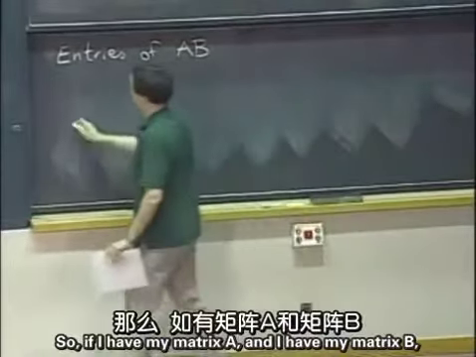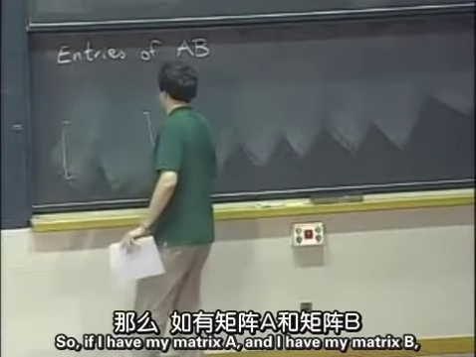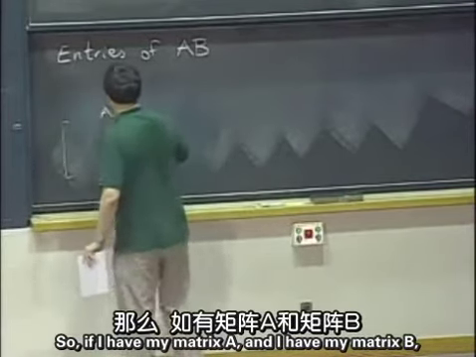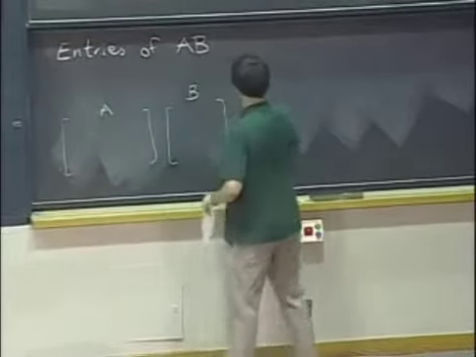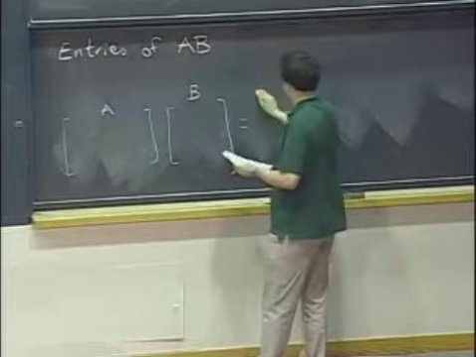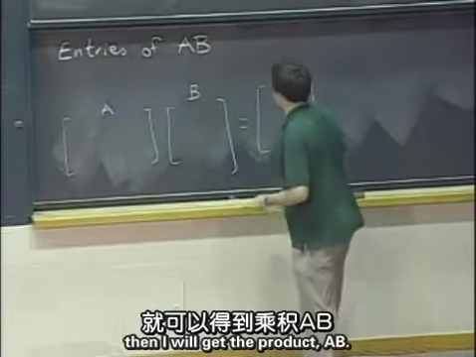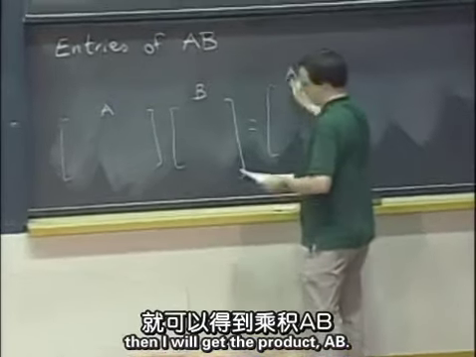So if I have my matrix A, and I have my matrix B, then I will get the product AB.